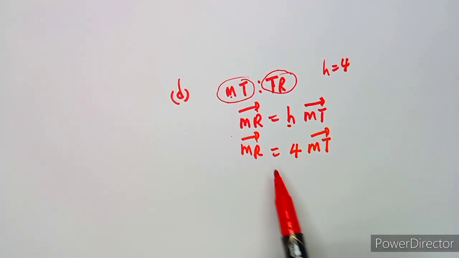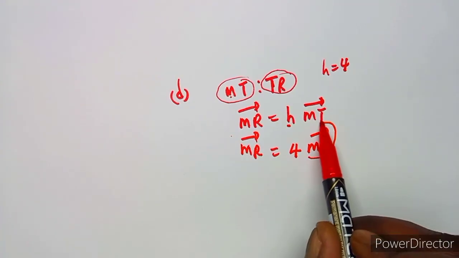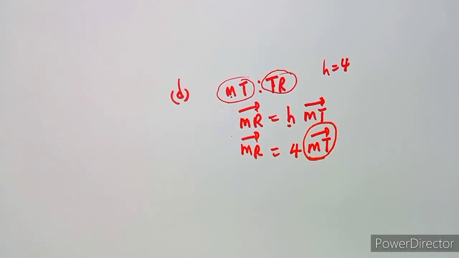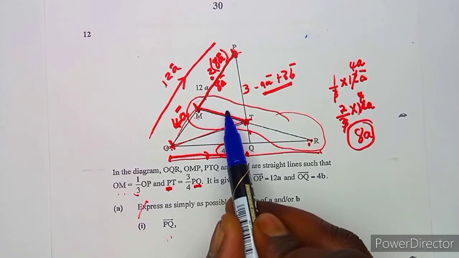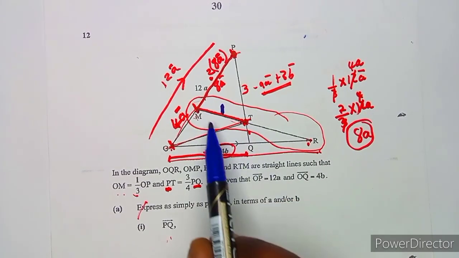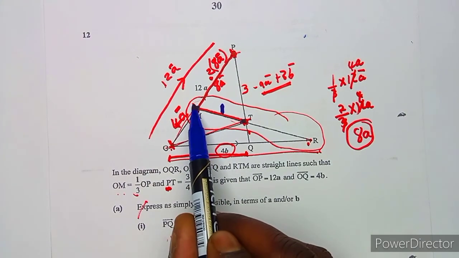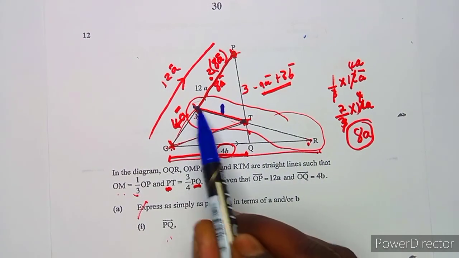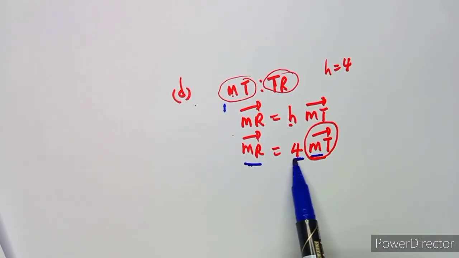So what does it mean? It means MR consists of 4 MT. This MT, this one that we see, is one of it. We just have one MT here. But this MT, in the whole of this line M to R, which is MR, there are 4 of them.